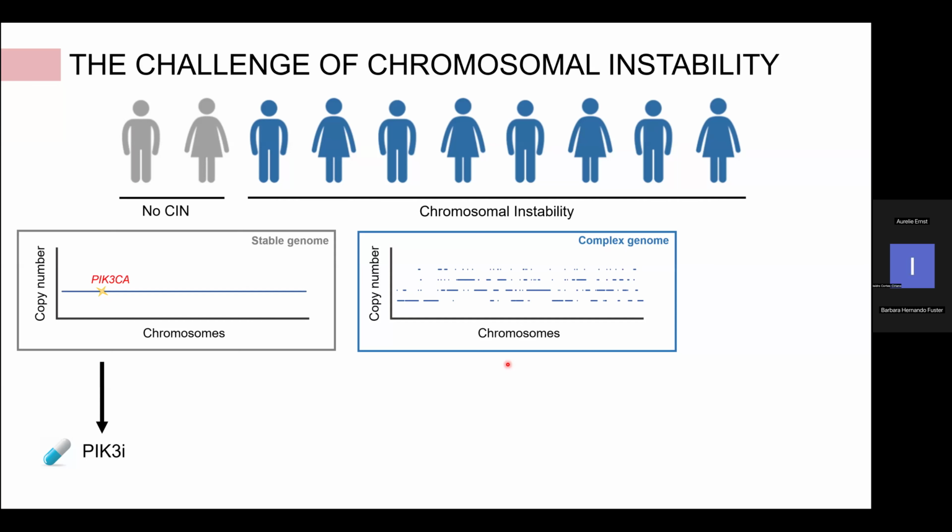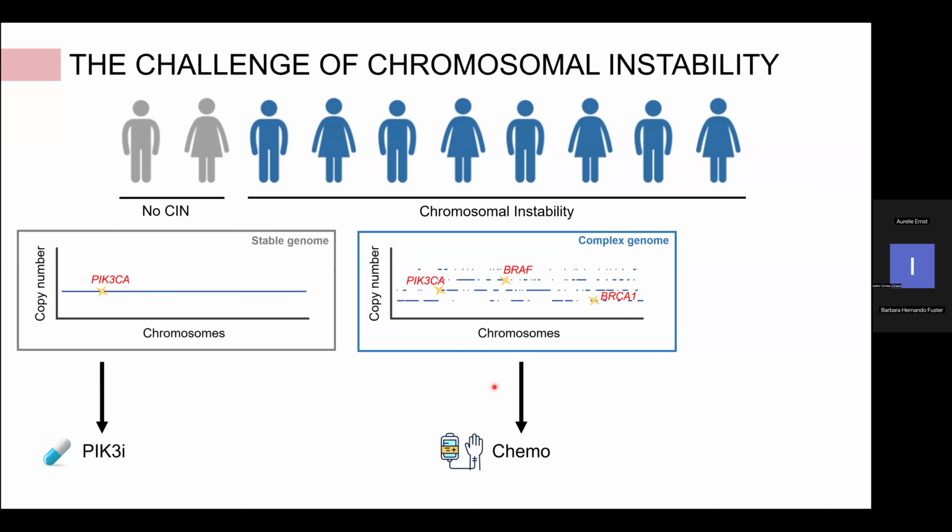That is because in those tumors, normally we have driver alterations in several genes, and each one of these driver alterations is linked to different treatments with different targeted therapies. Therefore, treatment decision is a really difficult task for those tumors, and that's the reason why most of them are treated with cytotoxic chemotherapy.